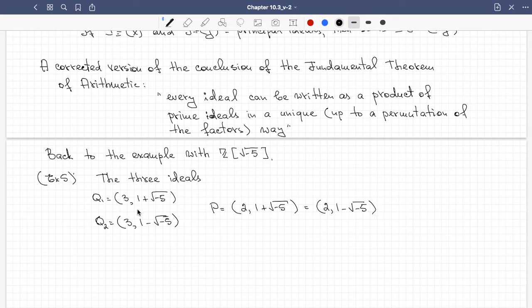So these have just two generators. As a set, any element of the ring times 3 plus any element of this ring times 1 plus root of negative 5. The multipliers are elements of the ring, of course, not just integers.